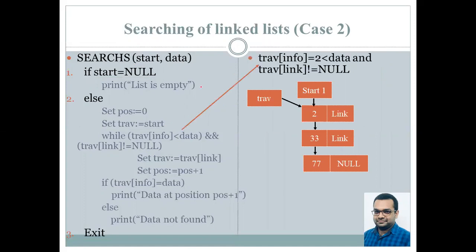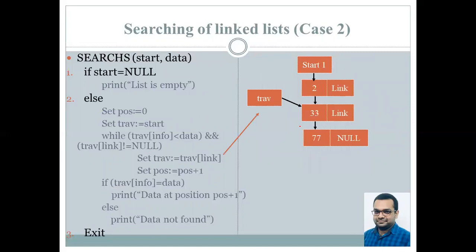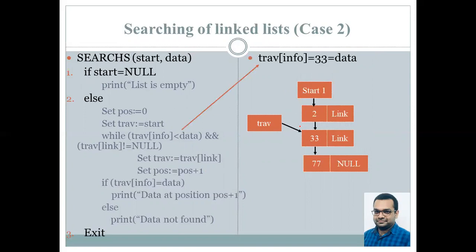Now we check if traversal information is less than the data, which is actually true. And traversal link is also not null because it points to the first node and contains the address of the second node, which is not null. So therefore, traversal is incremented and position is also incremented. Now we'll check if traversal information equals 33, which is equal to the data that we are searching for.